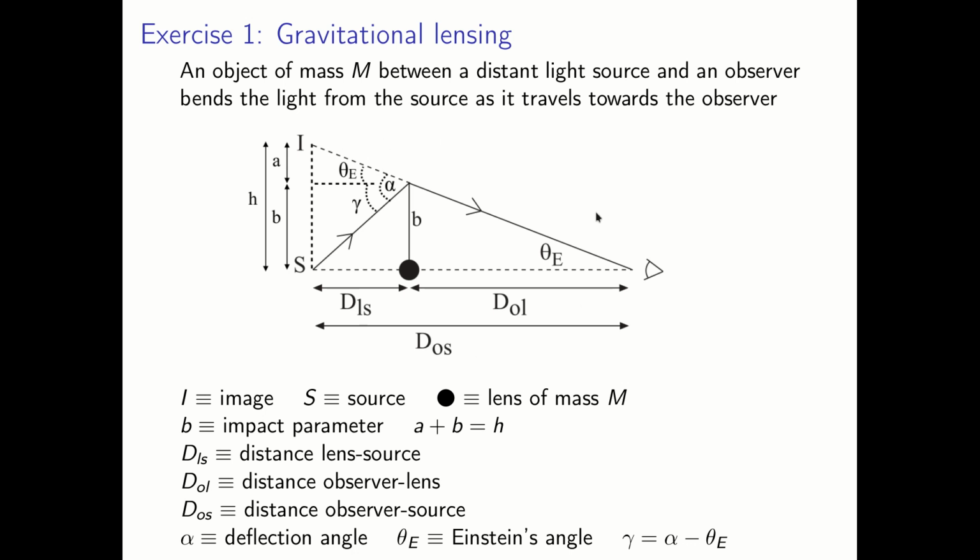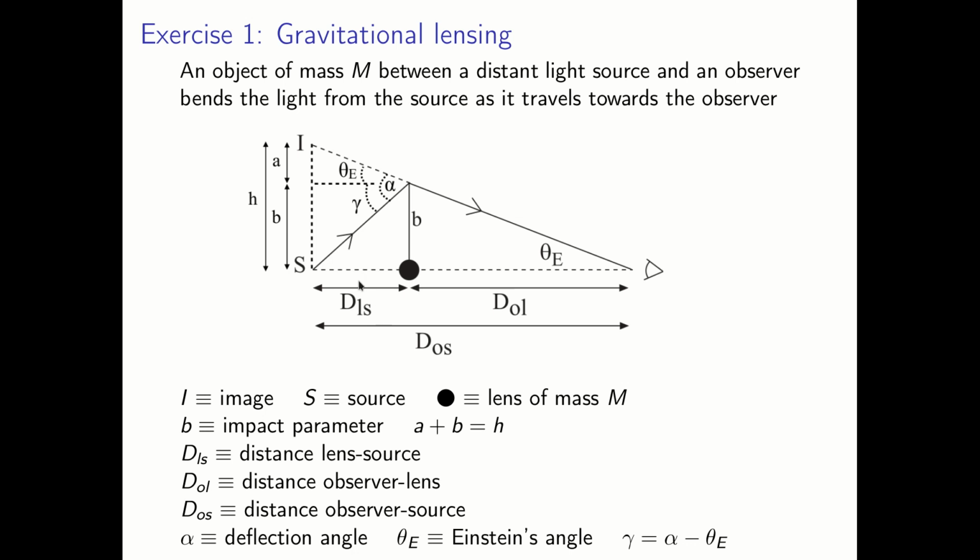We will need this geometrical sketch to solve the exercise, so it's better if we define the quantities now. Here we have the distance between the observer and the lens, which is called DOL. DLS is the distance between the lens and the source, and the sum of those two, which is the distance between the observer and the source, is called DOS.